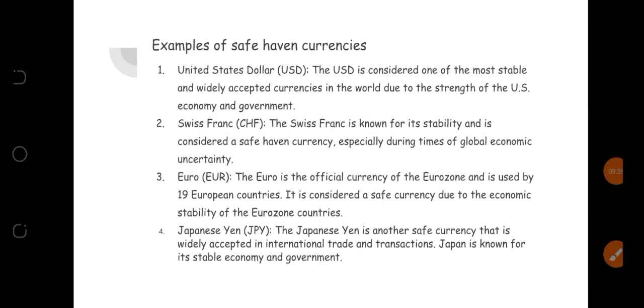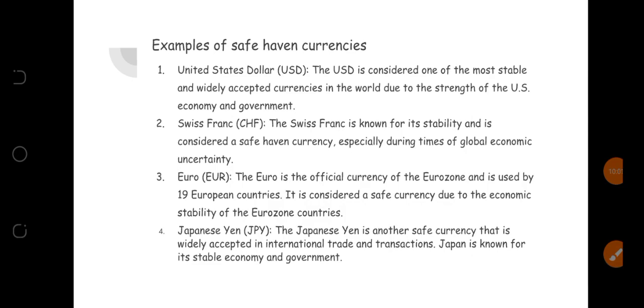These currencies, known as safe haven currencies, are able to withstand world calamity. During this period, investors are able to figure out which country to invest in. So we have the United States dollar.